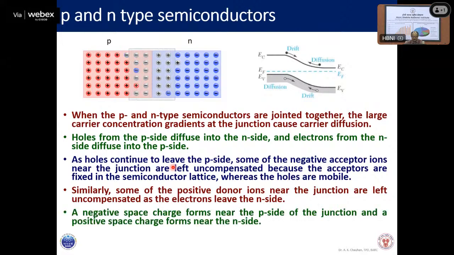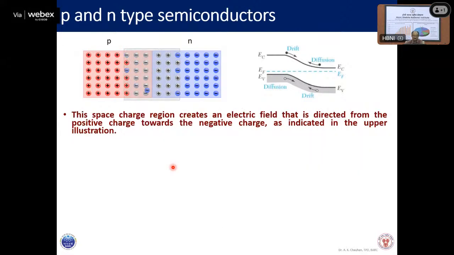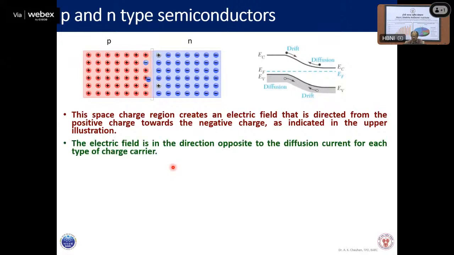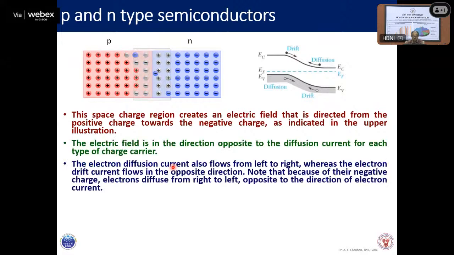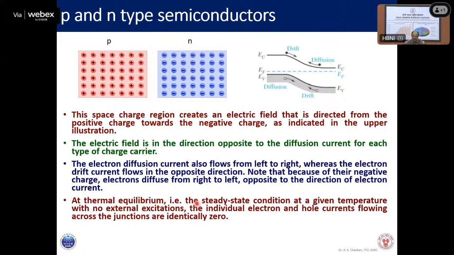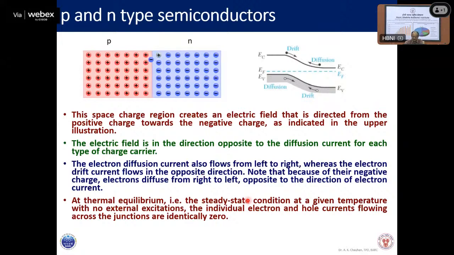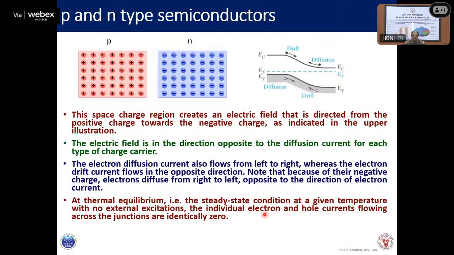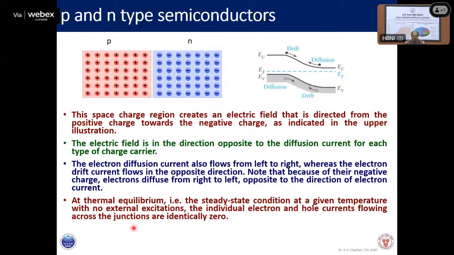This space will come under thermal equilibrium. So at thermal equilibrium, that is the steady state condition at a given temperature with no external excitation, the individual electron and hole currents flowing across the junction are identically zero.